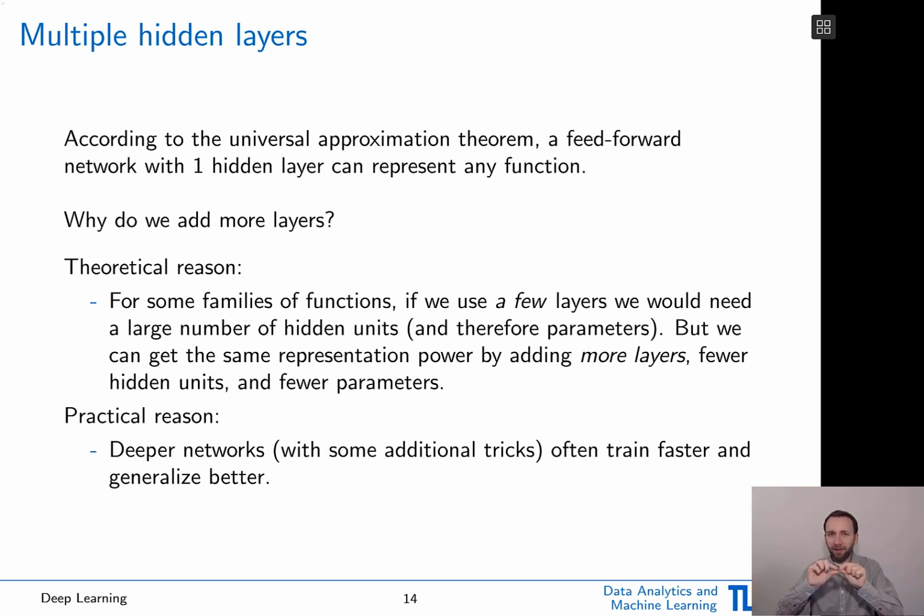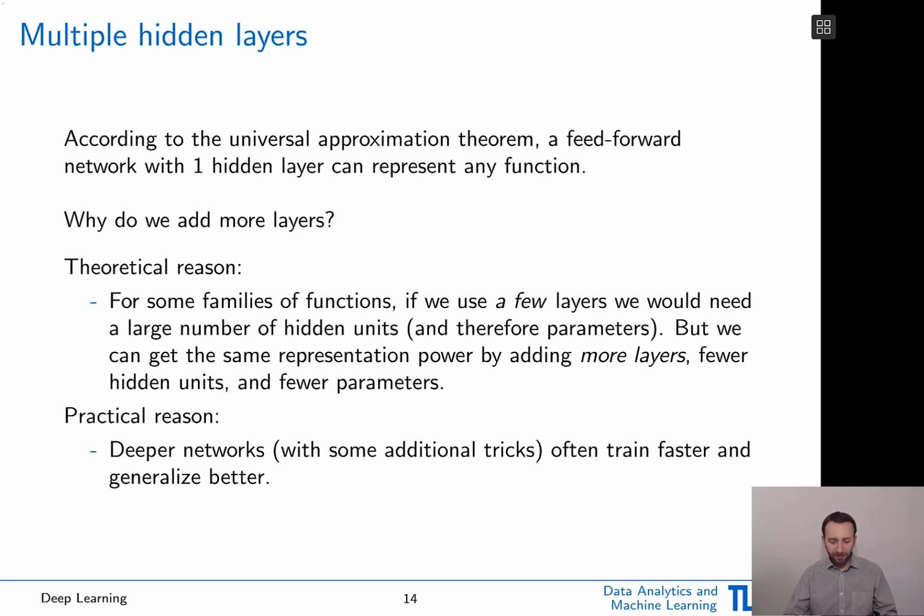Because as we have seen, a wide network means we have many parameters, because we have all these connections. In contrast, for these functions, if we use a deep network with more layers, we only need a few parameters, meaning only a very narrow, so to say, network. Okay, so few layers could mean many parameters, while more layers sometimes leads to fewer parameters.